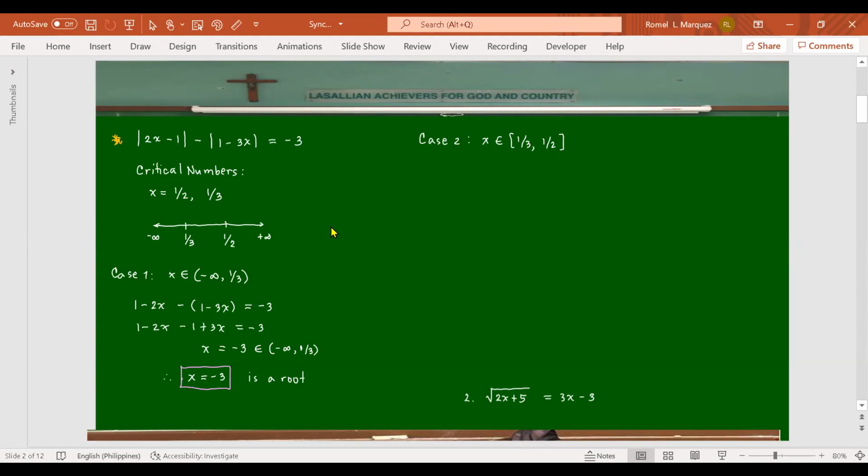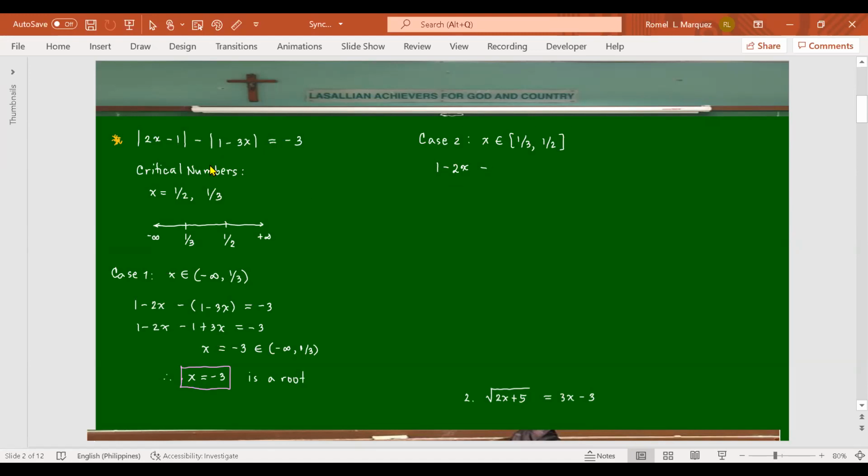2 times 0.4 minus 1. Is it positive or negative? Negative. So we negate. If negative, we get the negative. So 1 minus 2x. What about 1 minus 3 times 0.4?